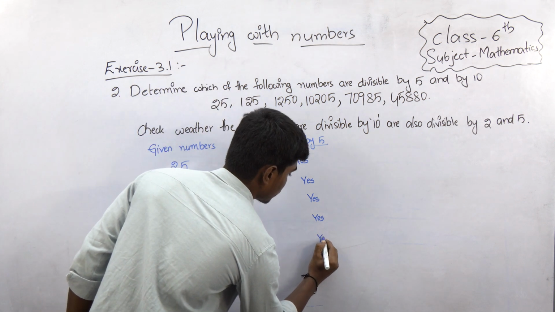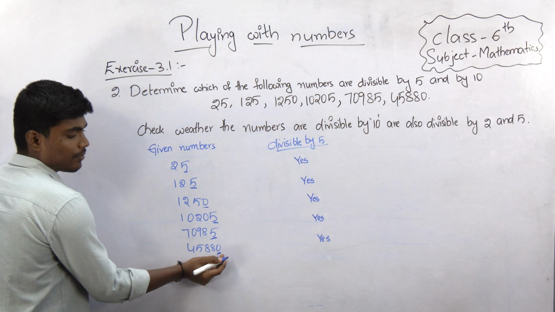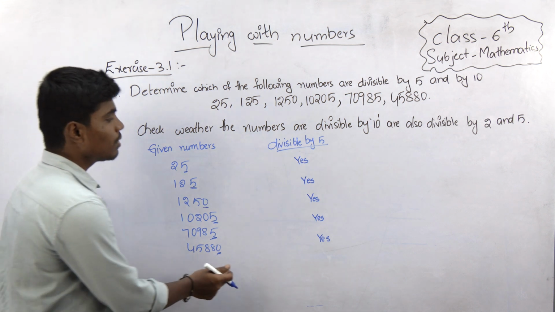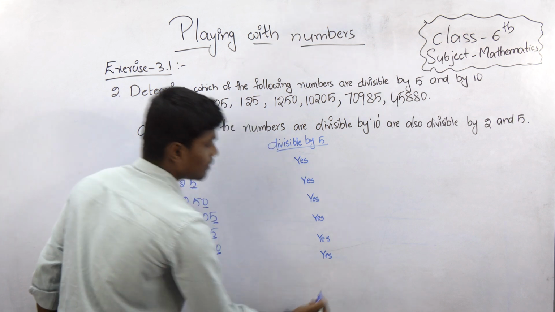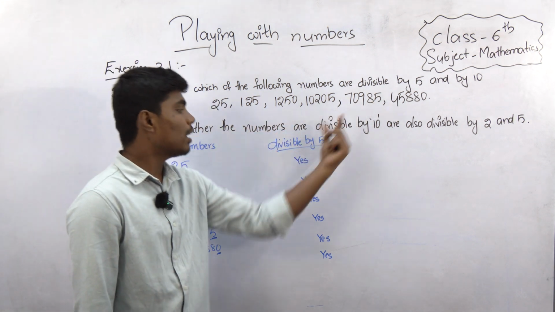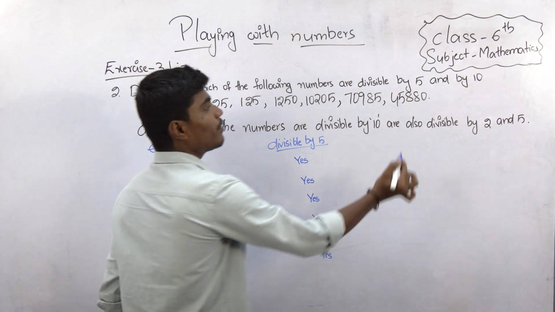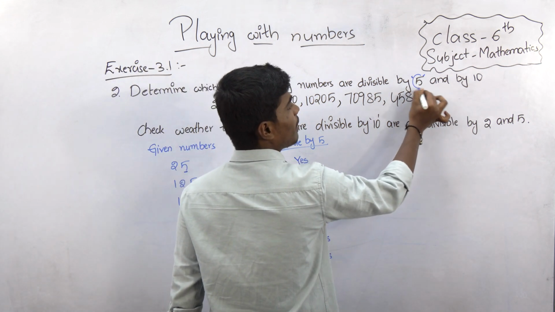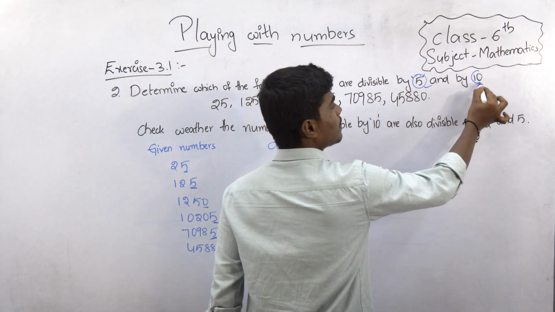Here in the last one, in ones place we have 0. So this number is also divisible by 5. So all the given numbers are divisible by 5. Okay, here we have checked whether the number is divisible by 5 or not. Now we should check whether the number is divisible by 10.